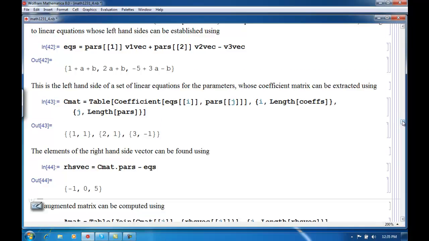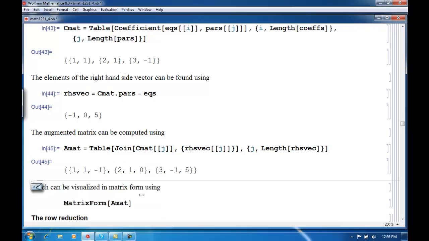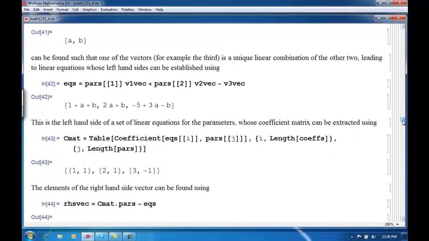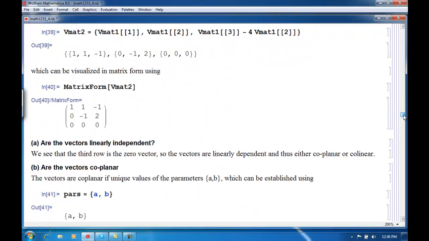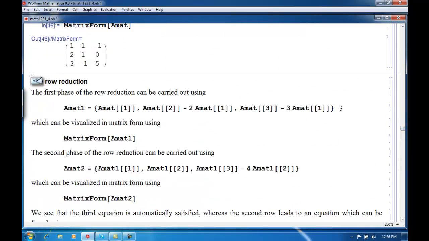And we can construct the augmented matrix for this using this and view it in matrix form like so. And we can see that this is the same as the matrix in the first part, but anyway, we might as well repeat the row reduction.